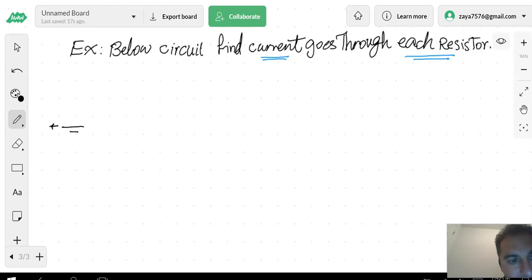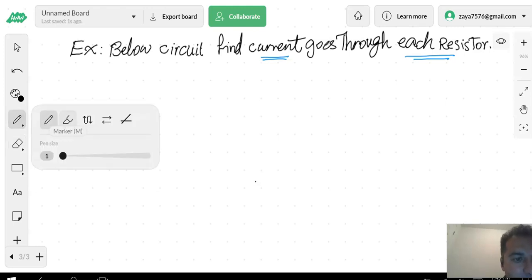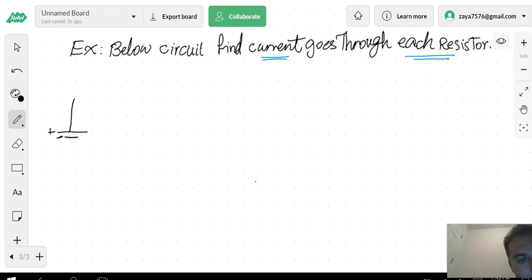This is positive, this is negative. Let me redo it. This is positive, this is negative. This is resistor 1, correct? Then this is another battery.